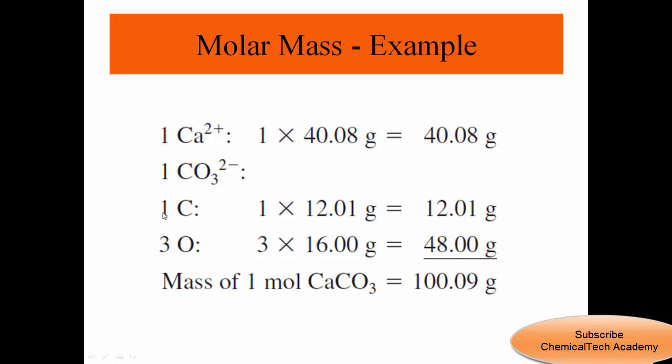And the carbonate part has 1 carbon and 3 oxygen. So 1 times 12.01 grams, 3 times 16, so 12.01 grams, 48 grams. So if we add these two plus this one, it's going to give us 100.09 grams. So that's the molar mass of calcium carbonate.